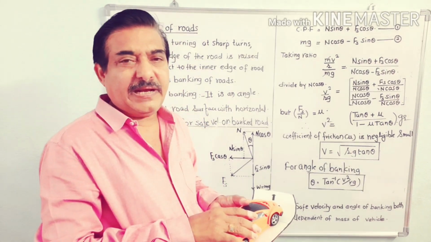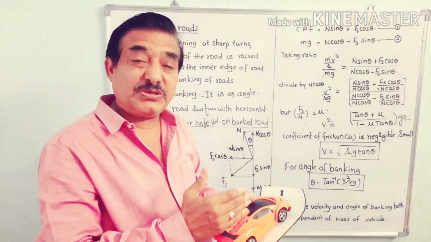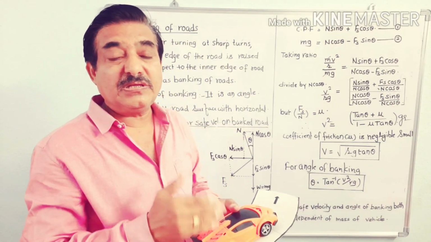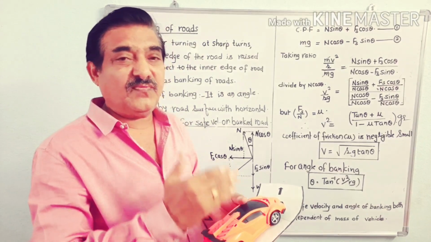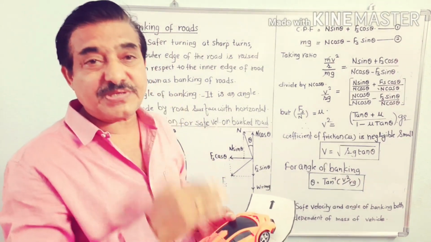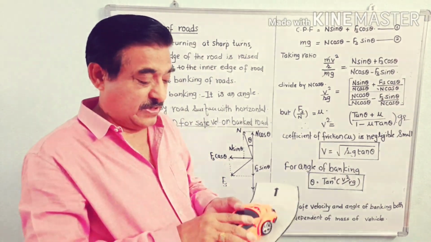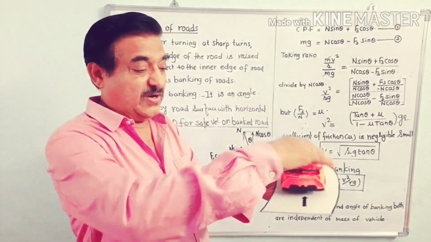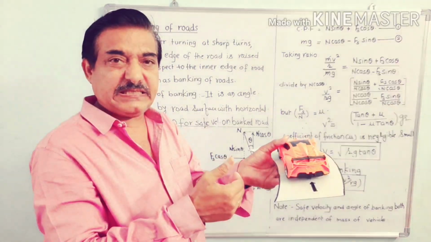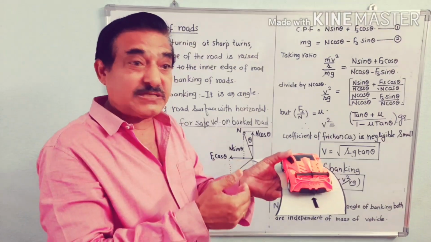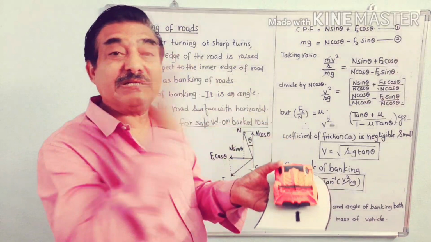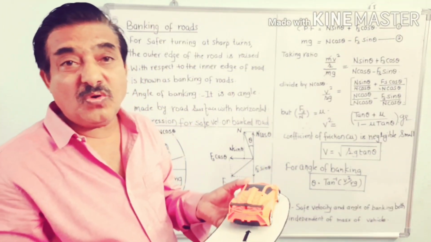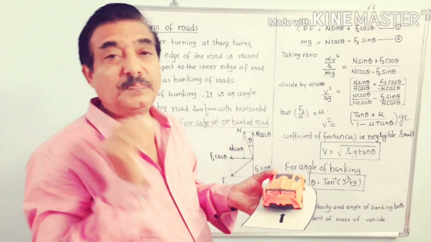The safe velocity or centripetal force depends upon the frictional force, and frictional force depends upon road conditions. If the road is wet, the frictional force, which provides the necessary centripetal force, decreases, so the safe velocity decreases. The limit of safe velocity is low for an unbanked road.